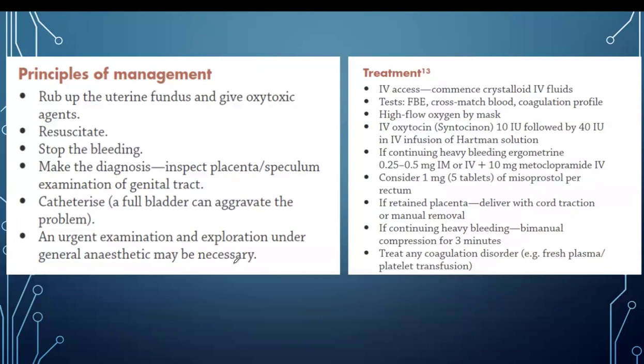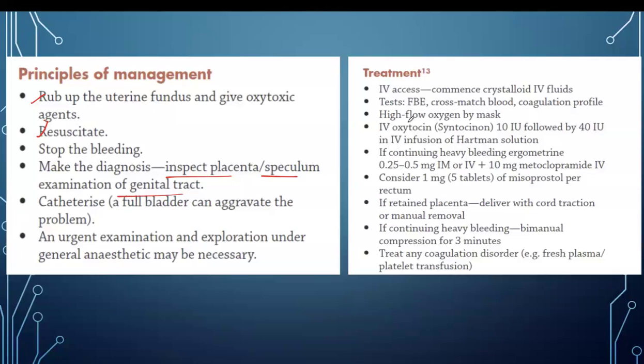So resuscitation is the same: IV line, IV fluid, bloods and everything. Once you have done these two parts, then you can do other things like inspect the placenta to see if the placenta is complete, and there is nothing left behind. Do a speculum examination of the genital tract to rule out any genital tract injury or laceration.